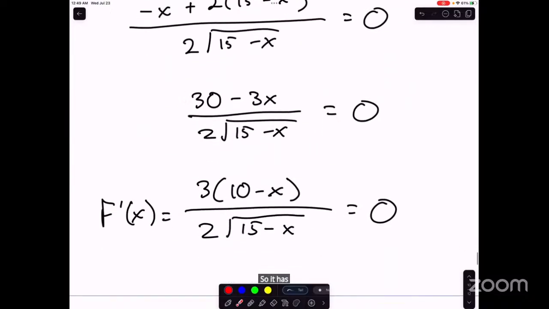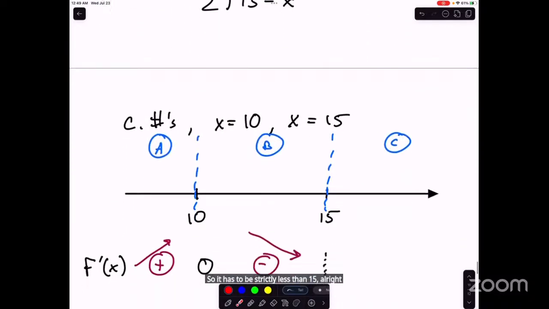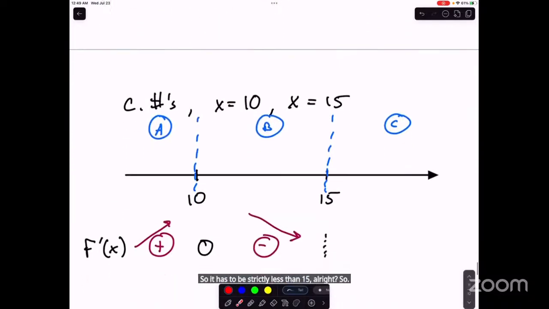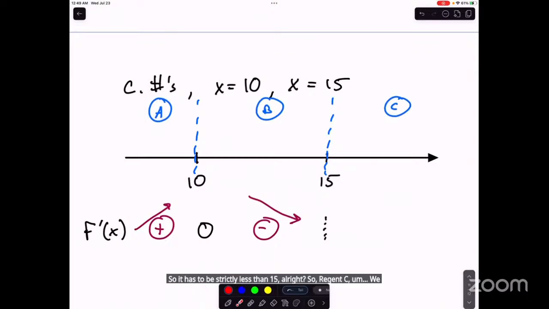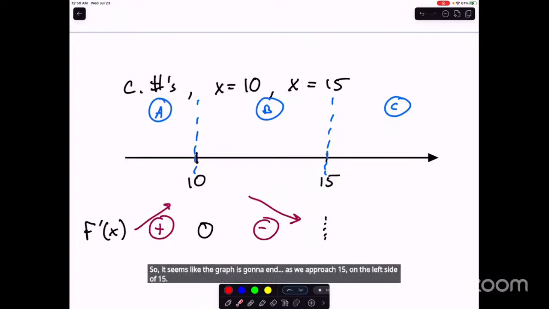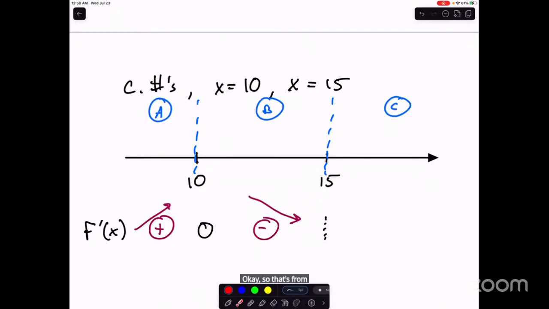So it has to be strictly less than 15, all right? So region C, we got it was completely undefined in that region. So x has to be strictly less than 15, because once you hit 15, we start either dividing by 0 or getting a negative under the radical. So it seems like the graph is going to end as we approach 15, on the left side of 15. Okay, so that's from the first derivative.